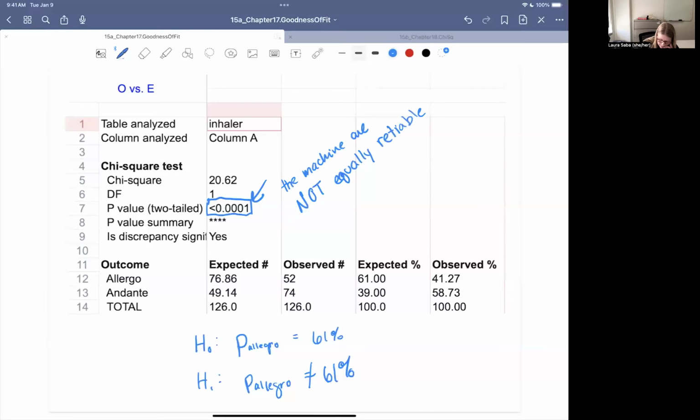And so we can see that for the Andante group, we observe a lot more canisters returned than we would expect if they were equally reliable, and our percentage is bigger.